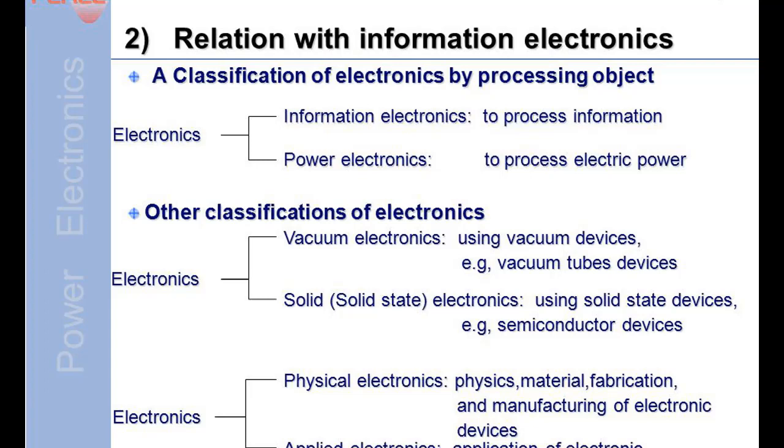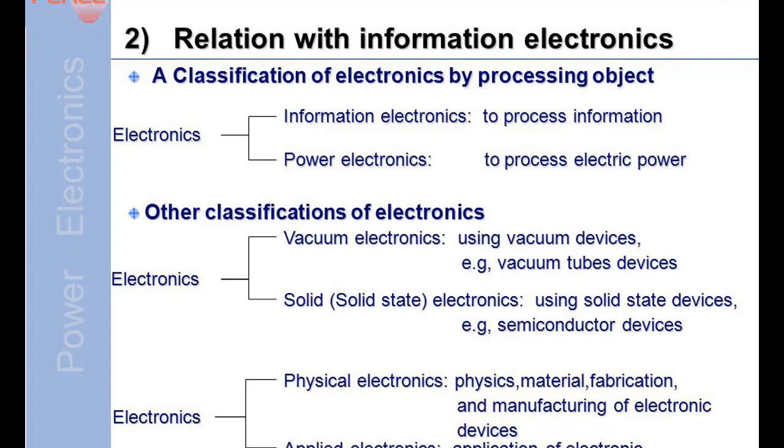Electronics can also be classified as vacuum electronics, using vacuum devices, e.g. vacuum tubes; and solid-state electronics, using solid-state devices, e.g. semiconductor devices. Applied electronics applies electronic devices to various areas. Physical electronics covers physics, materials, fabrication, and manufacturing of electronic devices.